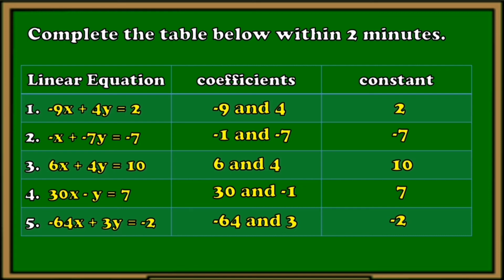Number 4, the coefficients are 30 and negative 1. The constant is 7. And number 5, negative 64x plus 3y is equal to negative 2. The coefficients are negative 64 and 3, and the constant is negative 2.